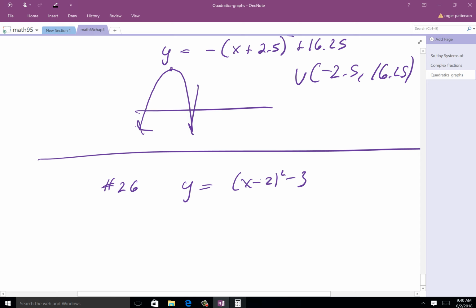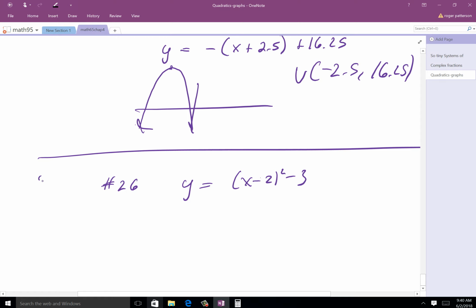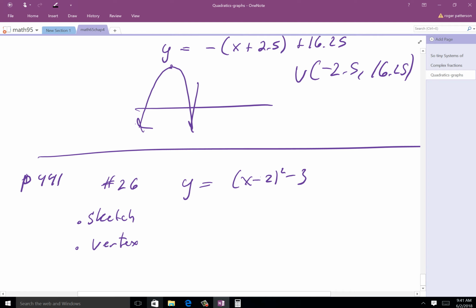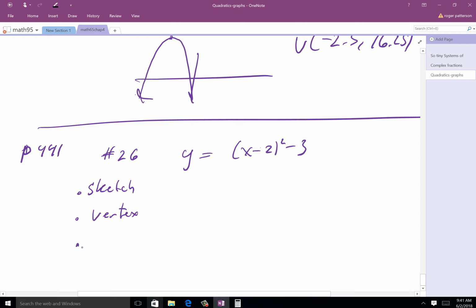Okay. This is on page 441. If you want to look at it, you can. I'll tell you what's going on. Okay, so it says here, sketch a graph. So sketch. That's what it says to do. Sketch. Vertex. State transformation.